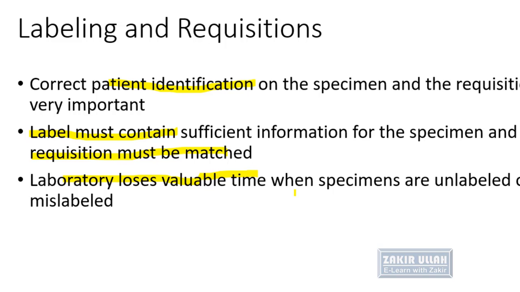So these should be corrected and properly labeled, because if an unlabeled or mislabeled specimen is sent to the lab, it can create disturbance, and much time is consumed correcting the unlabeling or mislabeling.